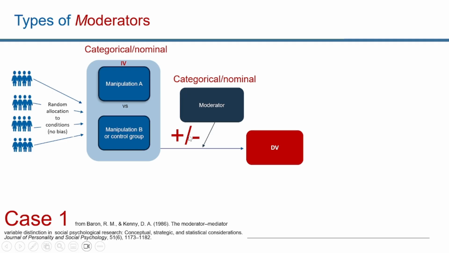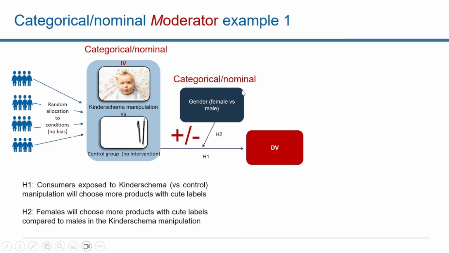Now, what types of moderators are available out there? I have already covered this in a separate video on this channel, but I will briefly refresh your memory in case you haven't watched that video. The first type of moderators that exists out there, and I'm talking again about individual consumer difference, is categorical or nominal. Here is an example.